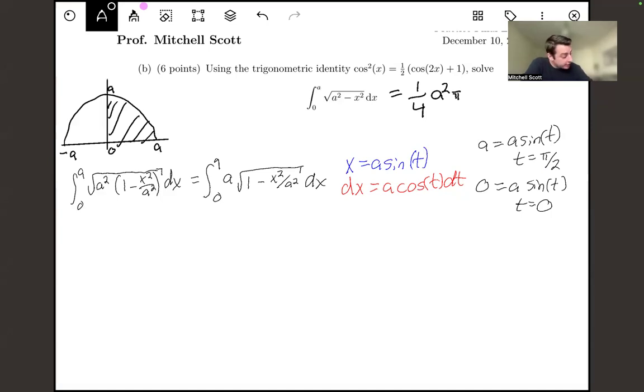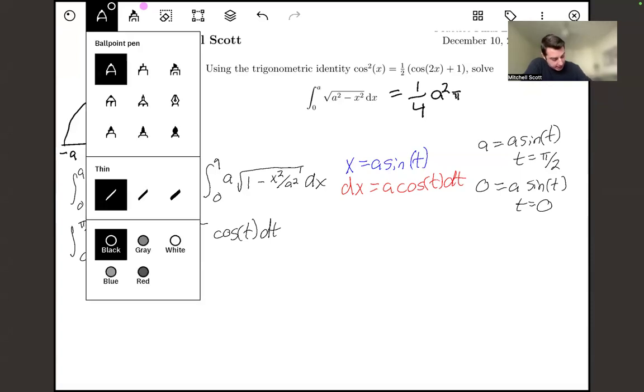So we can rewrite this as the integral from 0 to pi over 2 of a squared square root of 1 minus sine squared t cosine of t dt, right? Where we're just using our u substitution. So let me make it clearer, right?